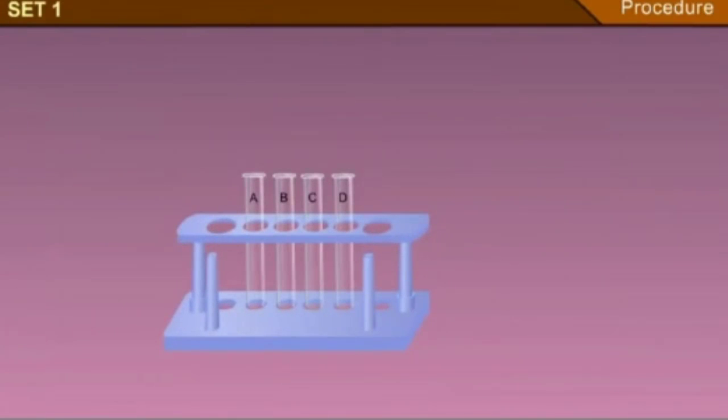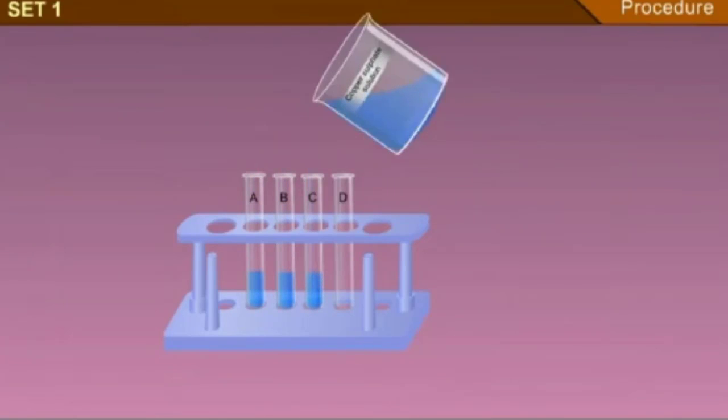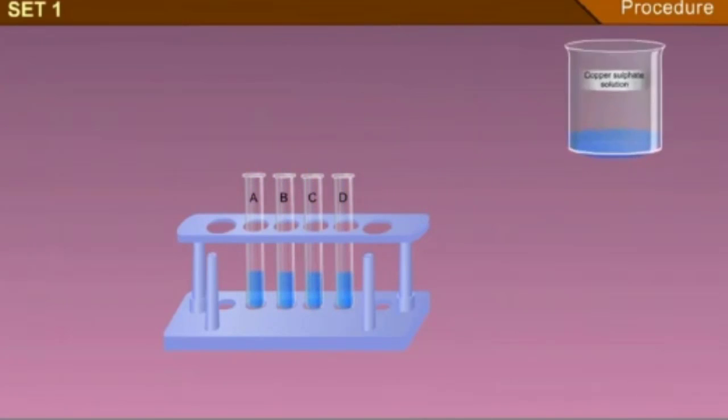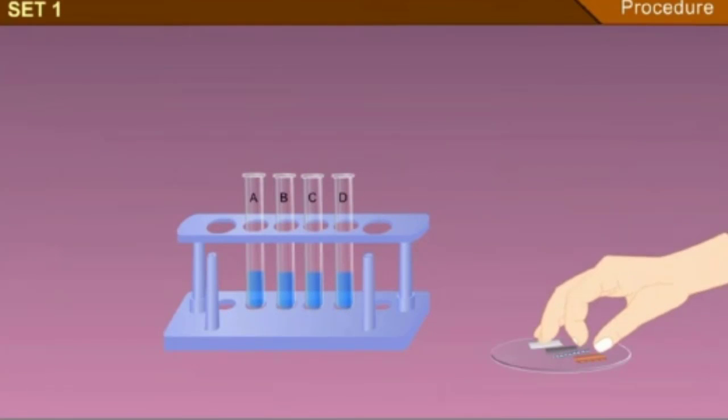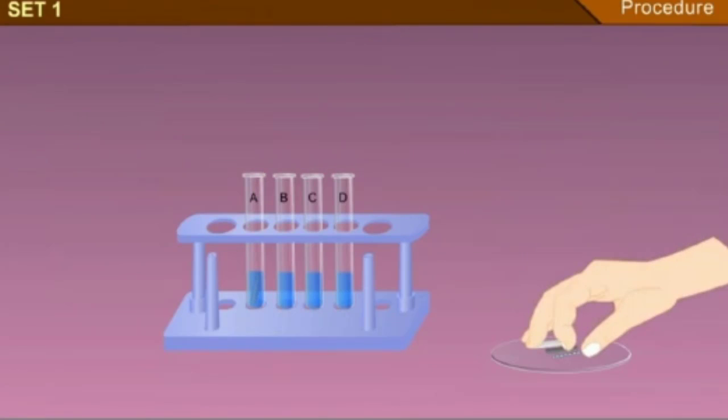Set 1. Take 4 test tubes and label them A, B, C and D. In each test tube, pour about 5 cc of copper sulfate solution. 1. In the test tube A, introduce a small piece of copper rubbed by sandpaper. 2.